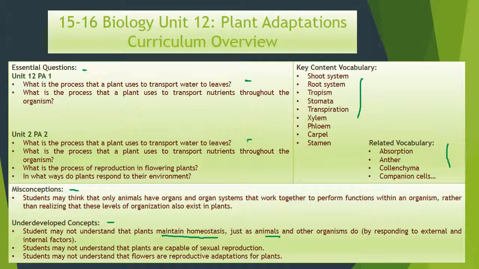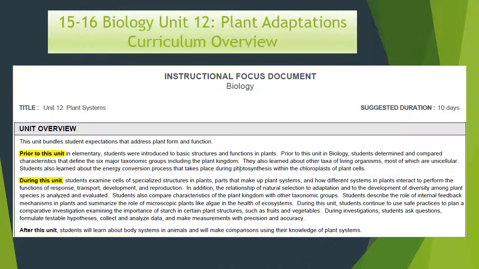Understanding that plants are capable of sexual reproduction and what that looks like, and understanding that flowers are the reproductive adaptations for those plants and how they respond and perform. So definitely address those misconceptions and underdeveloped concepts throughout your lesson cycle.